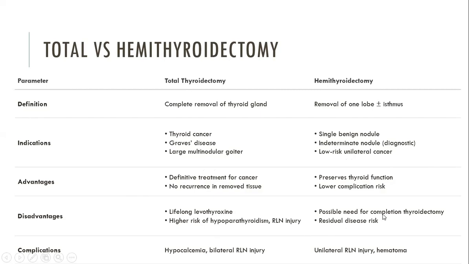For hemithyroidectomy, there's a possible need for completion thyroidectomy because of residual disease risk. Again, complications of total thyroidectomy are hypocalcemia and bilateral recurrent laryngeal nerve injury, and with hemithyroidectomy, unilateral recurrent laryngeal nerve injury can happen and hematoma can form.